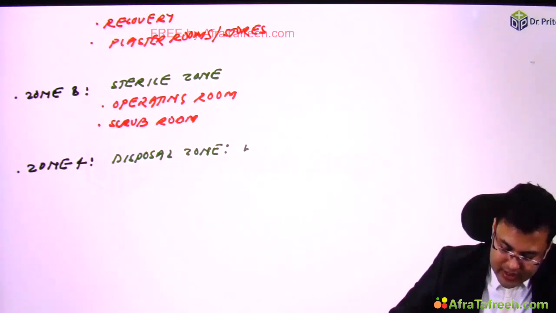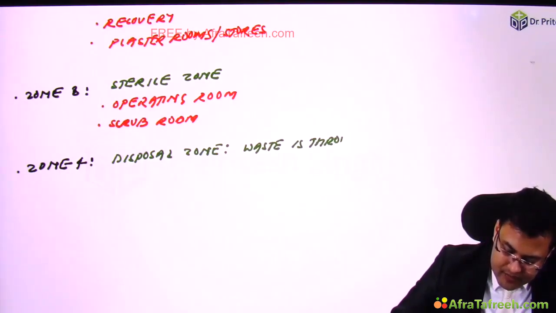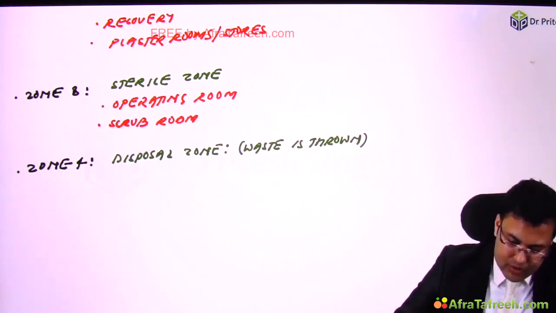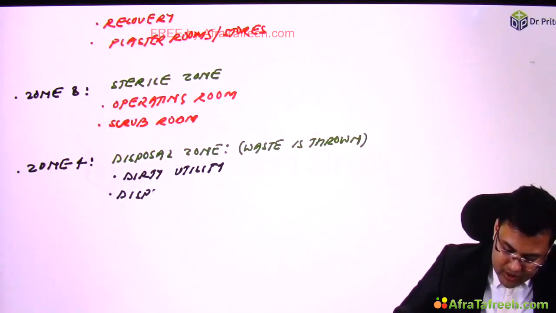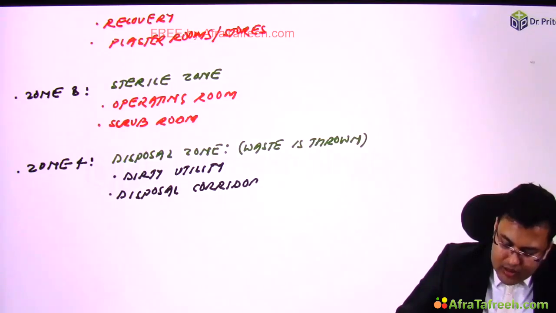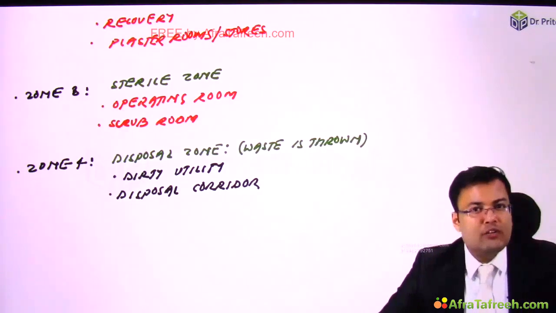So what is included here? Here you will find dirty utility, and there is disposal corridor. So these are the 4 zones of OT.